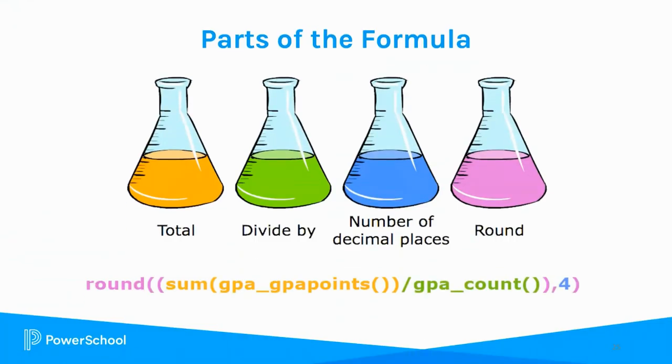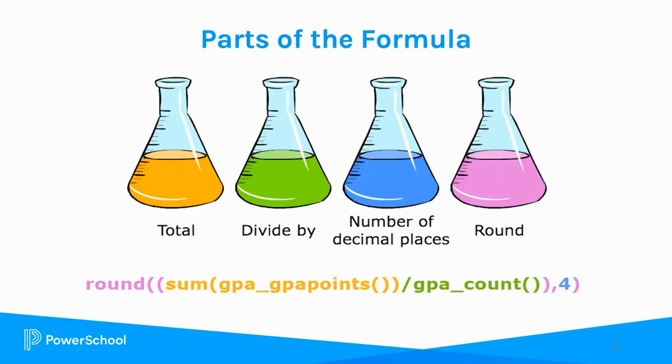Some of you may know this, but as some ground rules, here's how the formula reads and what it does. It's going to total the GPA points and divide by the GPA count. I have 4 A's and a B, and let's say the A's are 4 and the B's are 3.